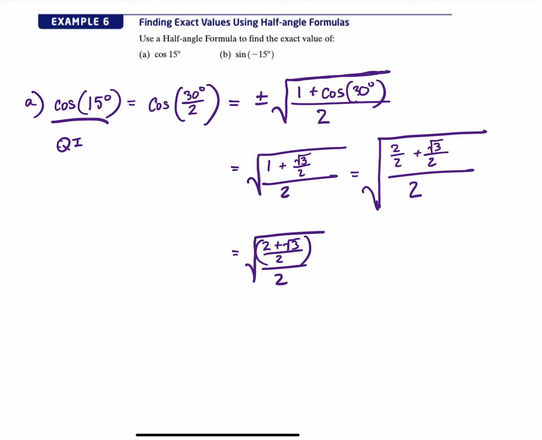So if we're dividing by 2, this is like 2 over 1. We can view it as a division of two fractions. That's going to flip and multiply. Basically, that 2 is going to multiply with the 2 in the denominator up top. So we can write this as the square root of (2 plus the square root of 3) over 4.